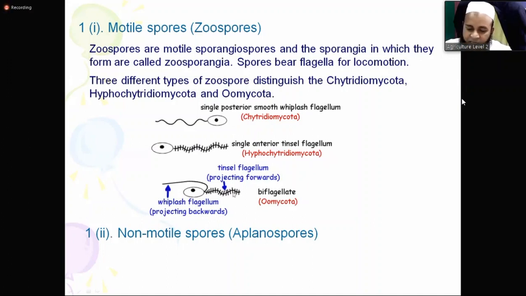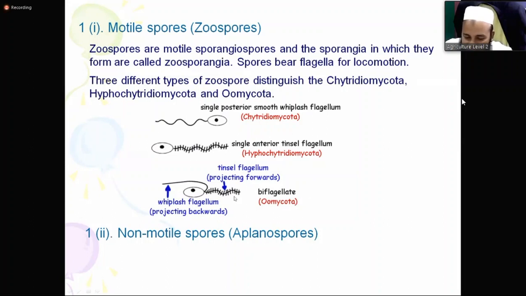If some fungus has two types of flagella, what will happen? If one flagellum is backwardly projected and another flagellum is anteriorly projected, in that case we call them biflagellate.